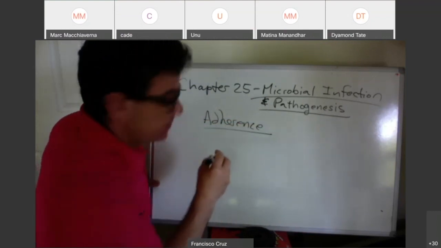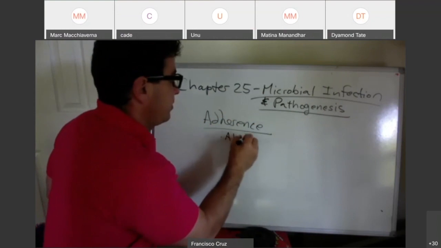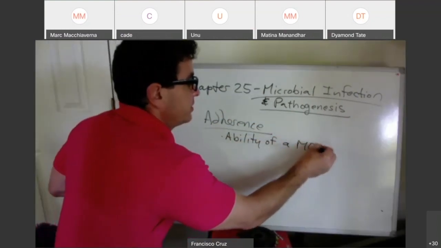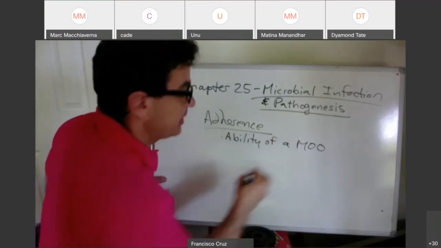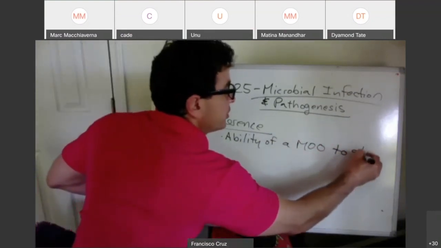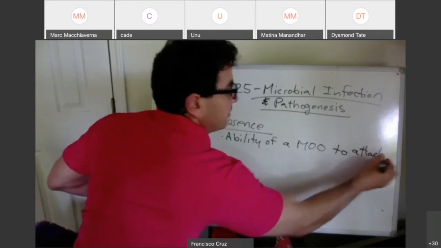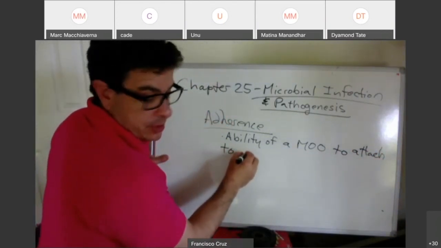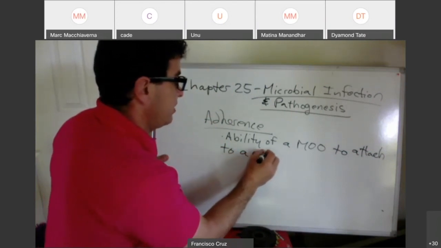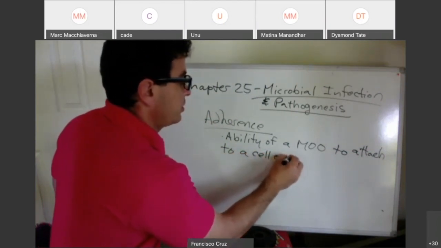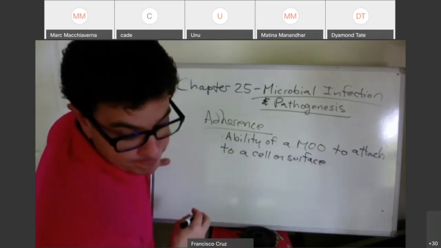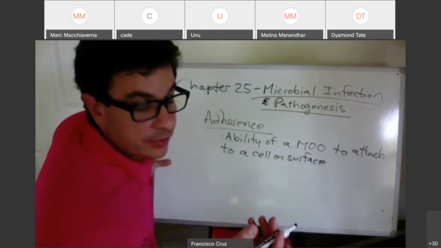Adherence is the ability of a microorganism, boy, I saved so many letters there, didn't I? To attach to a cell or surface, because it could be like a tooth surface, right?